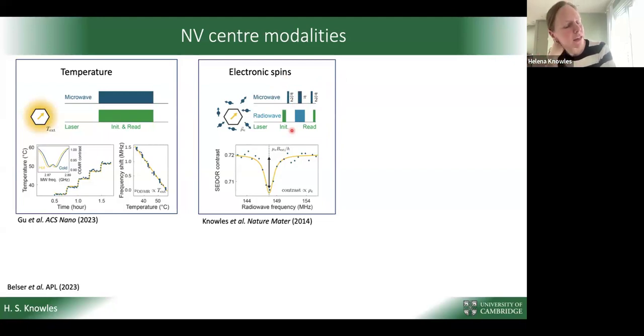Why is this interesting? As we sweep this radio wave frequency for the dark spins, the unknown spins, when we hit a resonance, we see the spin echo signal of the NV drop, and we can relate the magnitude and the width of that to the concentration, for example, of nearby electronic spins.